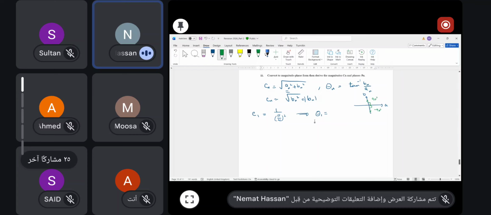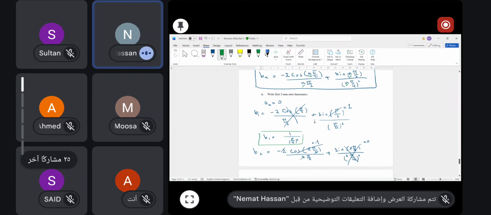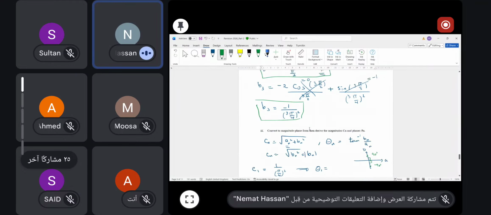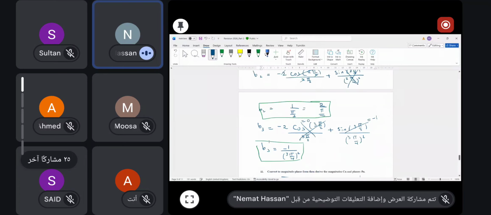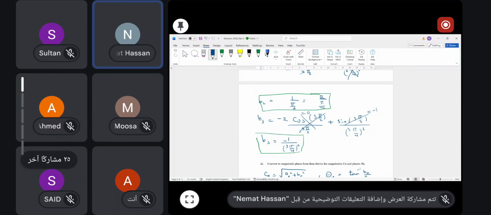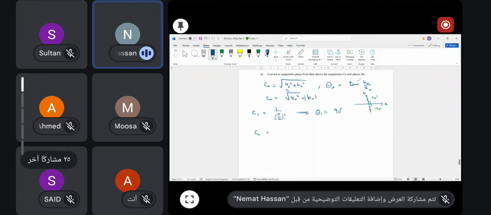So B1 was positive, right? Which means that the angle is 90 degrees. So all you have to do is write here, theta 1 is 90 degrees. C2 is equal to the magnitude of B2, which is 2 over pi, and theta 2 is positive, since B was positive, so it will be 90 degrees.